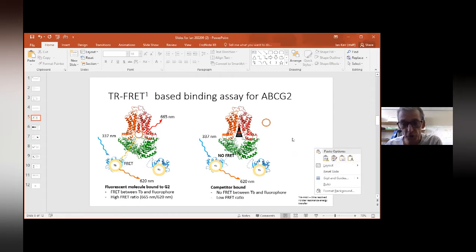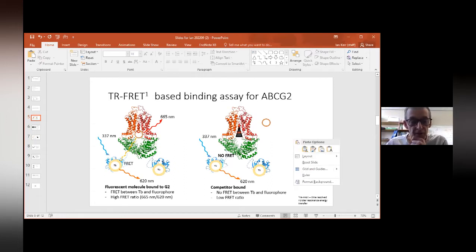hopefully my pointer is showing for you, is in both cases we have one of the ABCG2 structures. And on the left-hand side, we have this orange circle. This is a fluorescent molecule bound in ABCG2's so-called cavity 1.